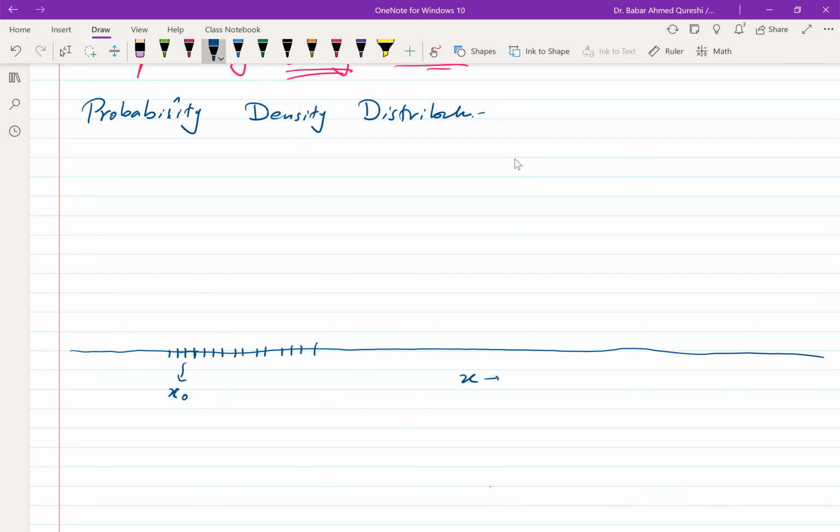You say, I'm going to look for what is the probability, with this small size, that if I do the experiment, I will get for this variable a value between x naught and x naught plus delta x, a value within this bin.